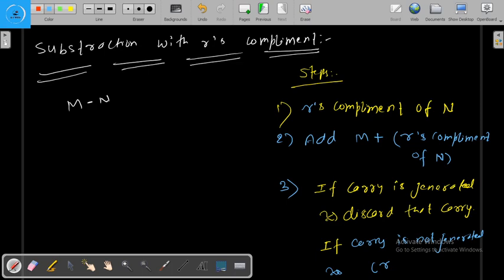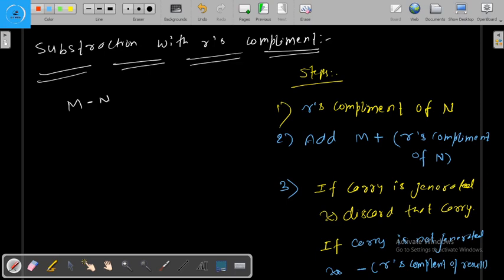Okay, so here we are going to find the R's complement of the result, and we are going to put a negative sign before that. Let's see with the example. First we are going to find the R's complement of n, then we are going to add m to that R's complement.